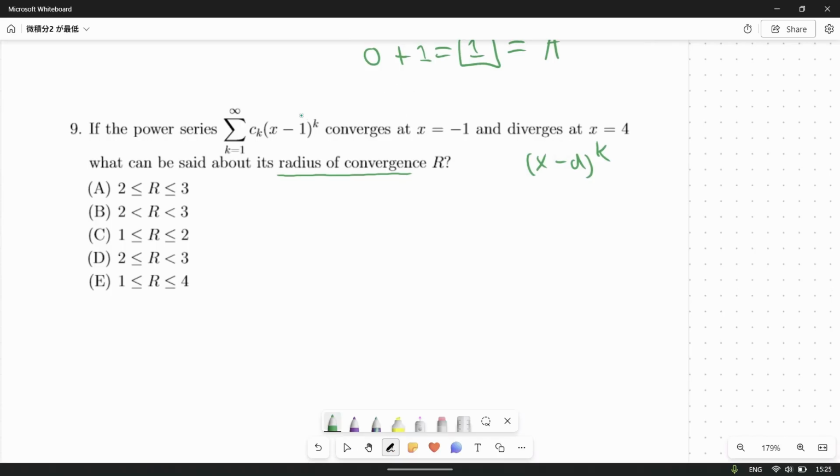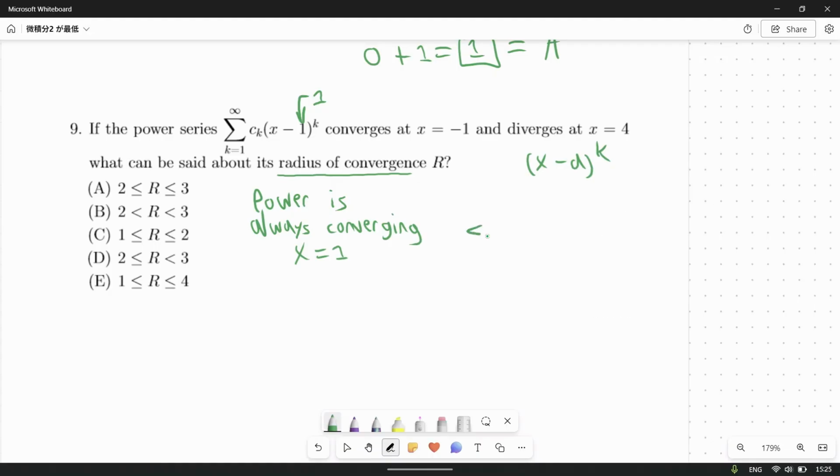In this case, a is equal to 1. So at the very least, we know that it's going to converge at x equals 1. You could have a situation where it doesn't converge anywhere else, but it will always converge at x equals 1.